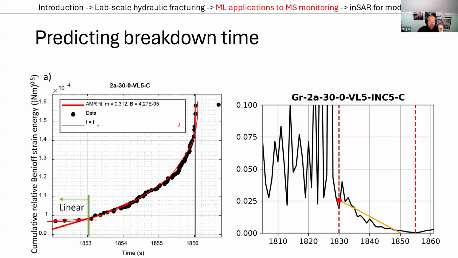Basically, it has a roughly linear trend beforehand, and at some given time, it begins to accelerate with a power law acceleration. But the issue is this only really happens 3 seconds ahead of time, right? And it's also very difficult to do this in real time, right? You don't know that it's become this power law mode until, say, you're halfway through.